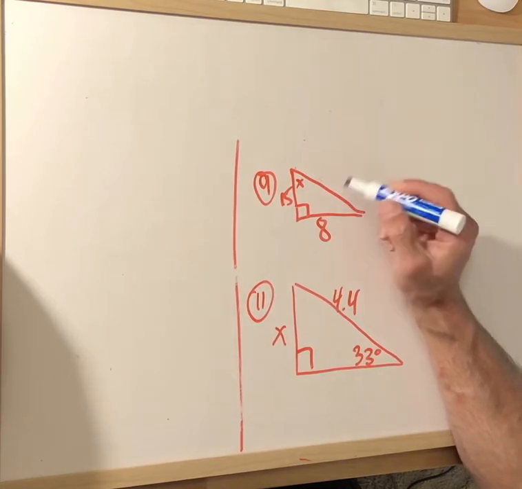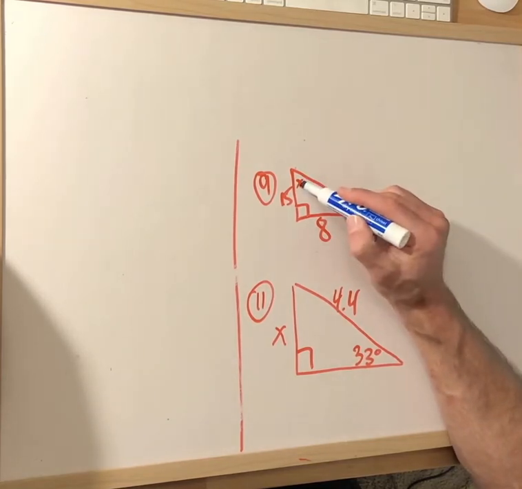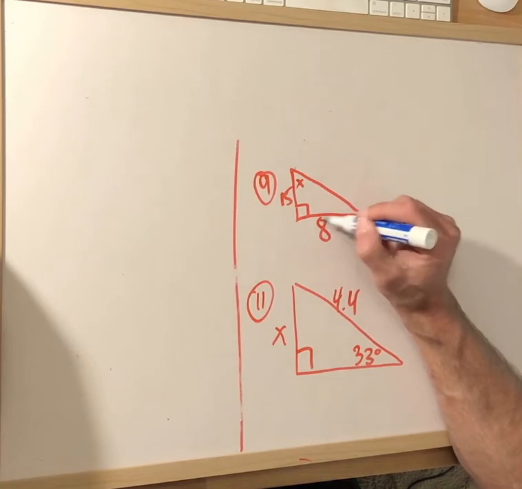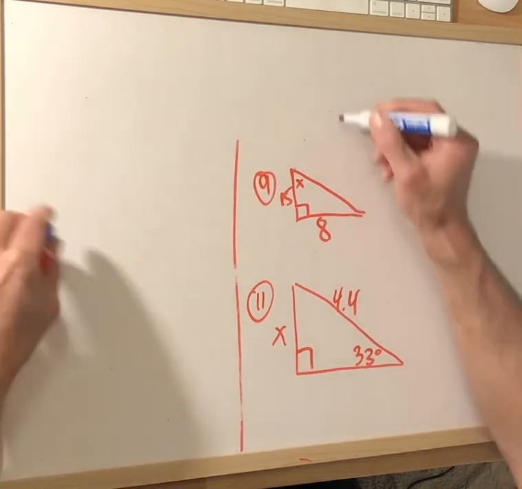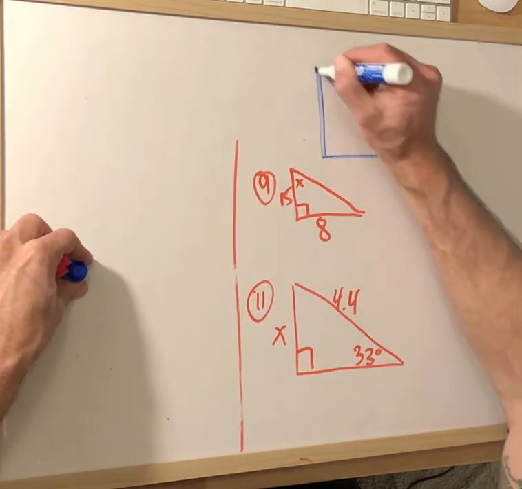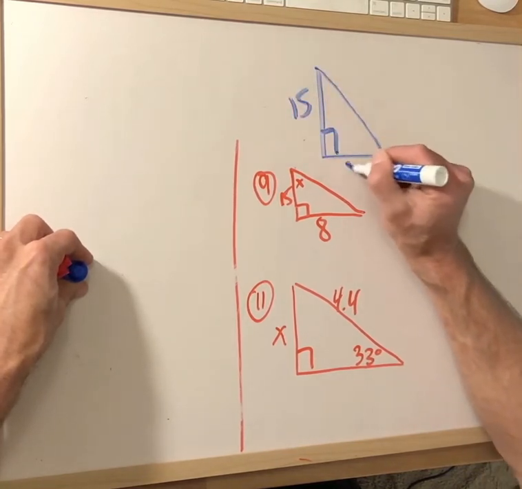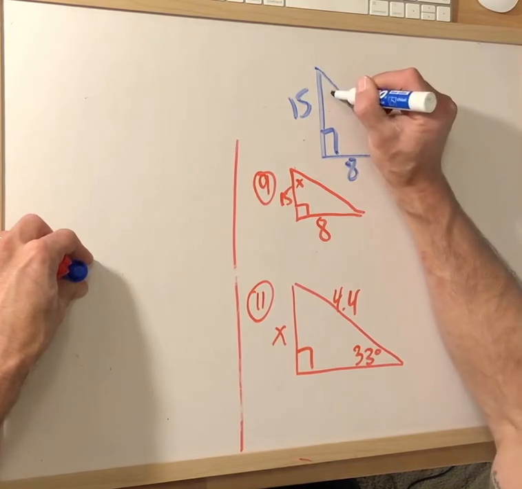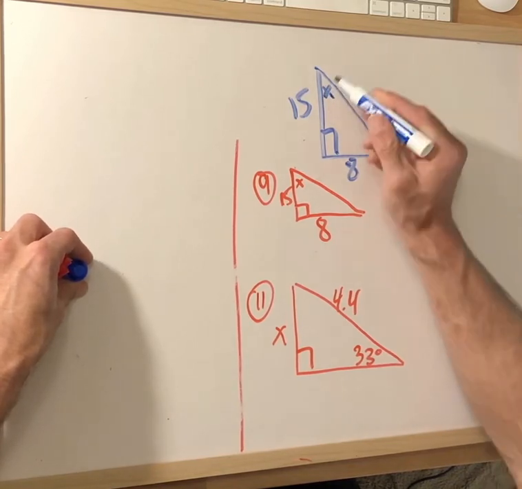So if you set this up, this is your smallest angle because this is the smallest side. This isn't drawn to scale, but technically if you want to draw it to scale, it would probably look something like this. This is 15, this is 8, and this is your hypotenuse, and you have to find your smallest angle, which is going to be across from your smallest side.